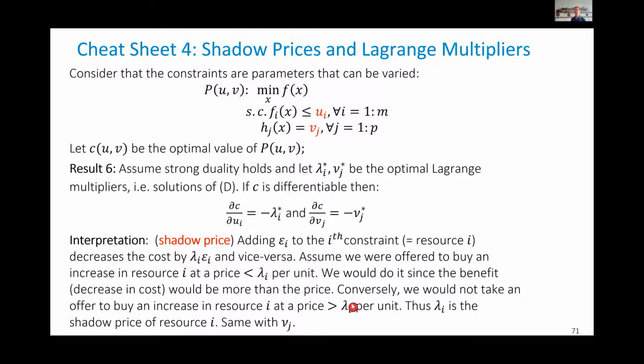Conversely, if somebody offers me to buy, but at a price that's larger than lambda_i, I should not buy it because the net benefit for me is negative. So we can interpret lambda_i as the hidden cost of this constraint, which is also called the shadow price. That's the implicit price, the price at which a rational optimizer would be willing to buy an increase of the constraint.